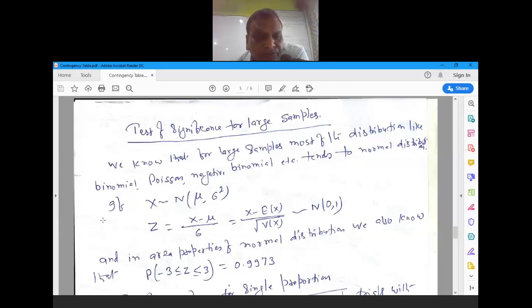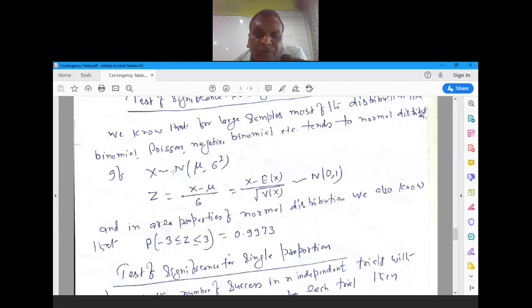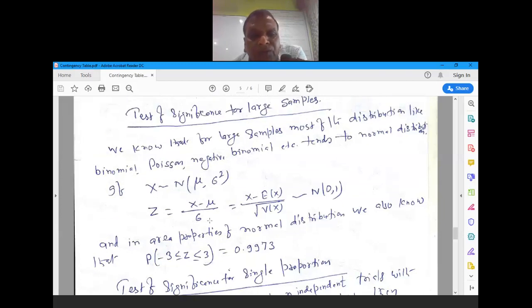Here we have already discussed that if your random variable x follows normal distribution with mean mu and variance sigma square, then z is equal to x minus mu divided by sigma, known as the standard normal variate with mean 0 and variance 1. Here mu is the mean, which we may write as the expected value of x, and sigma is the standard deviation, whose square is the variance of x.